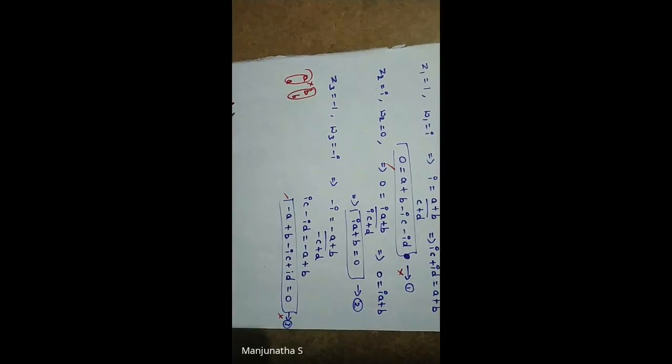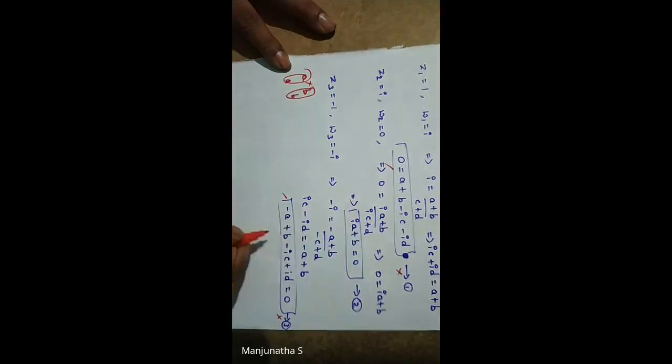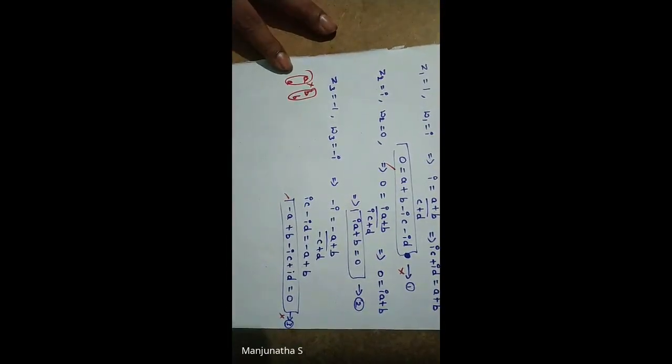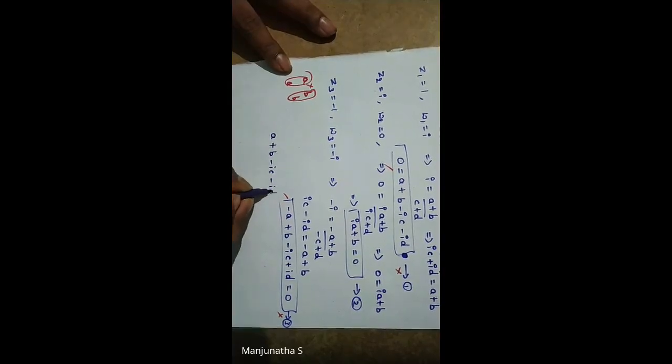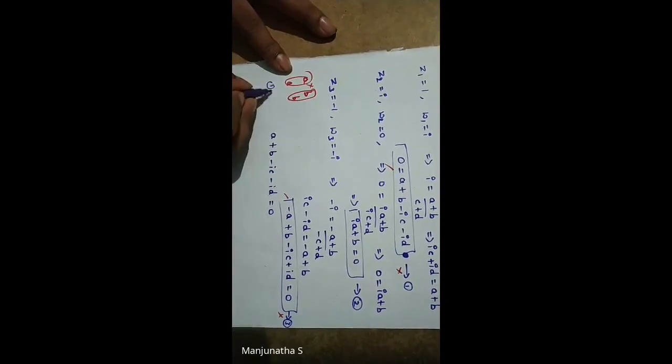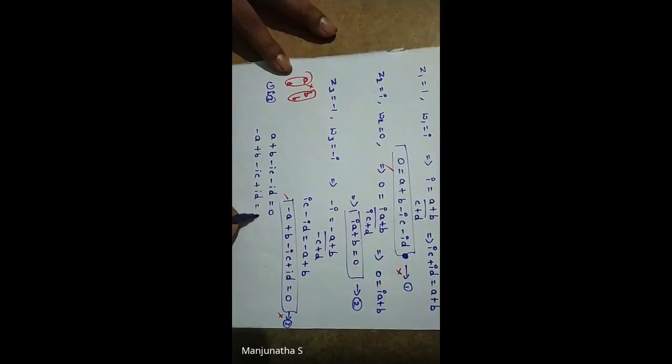Okay, so for that, see the two equations. The first equation is a + b - ic - id is equal to 0, and the third equation is -a + b - ic + id is equal to 0.